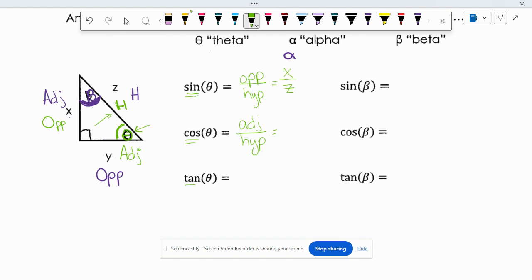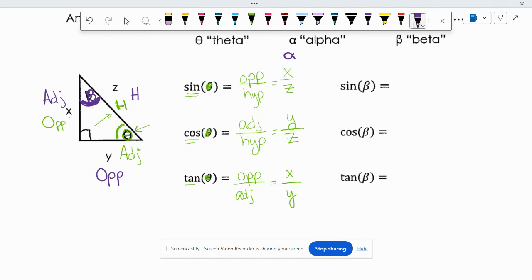Well, my adjacent side in green is y, and my hypotenuse is z. Tangent of theta, that's the opposite over the adjacent. So the opposite side in the green is x, and the adjacent side in green is y. So that's when I'm looking at the angle at the bottom.